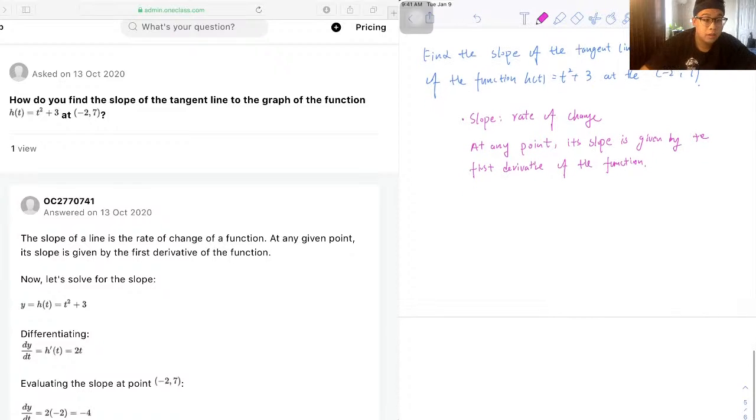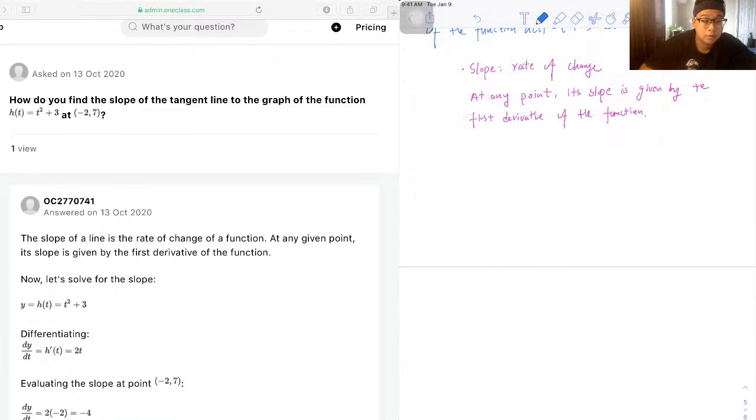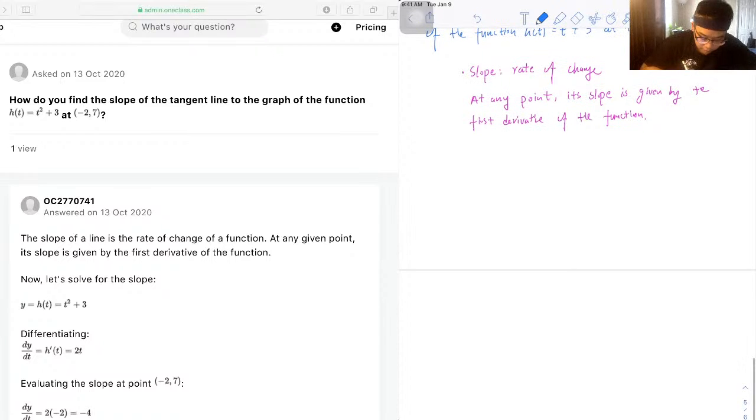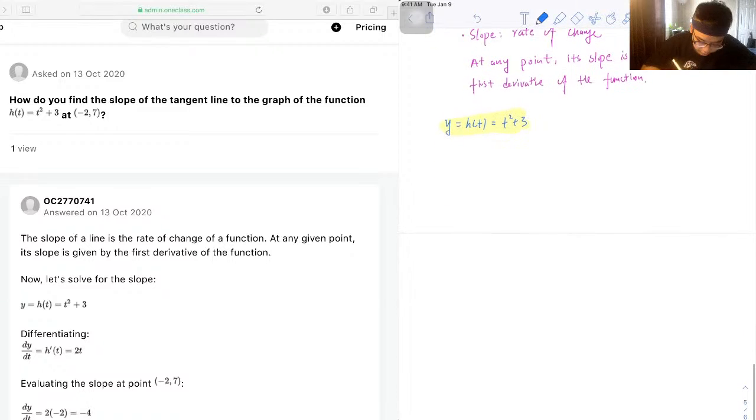All right. So now let's solve for the slope. Let's call it y is equal to h(t) is equal to t squared plus 3, and this is from the question. Yep. So now let's do the differentiation.